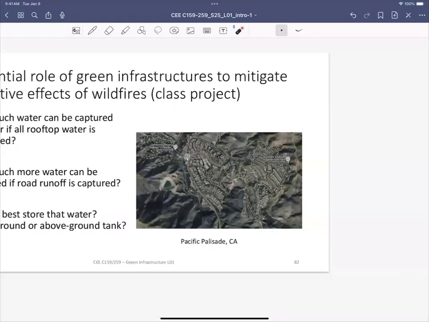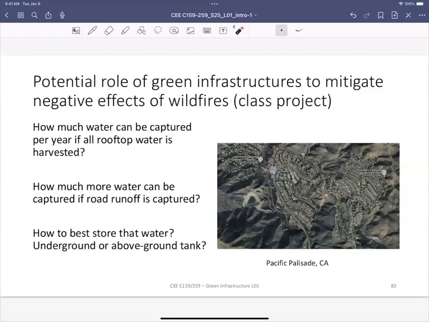And then you'll also learn how much water you can capture from runoff, which is basically water coming from the roads and the ground in those areas. If you capture all that, you'll get a volume of water that you capture per year, and then you'll calculate how much water is needed for firefighting, assuming there is a wildfire in these locations in another 10 or 15 years.